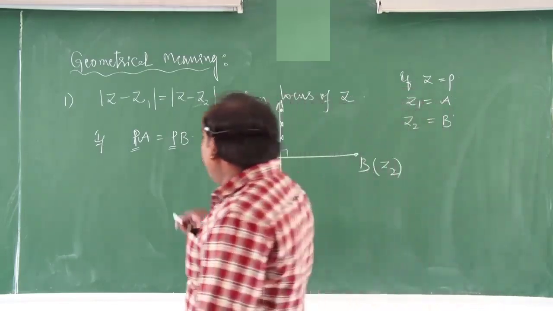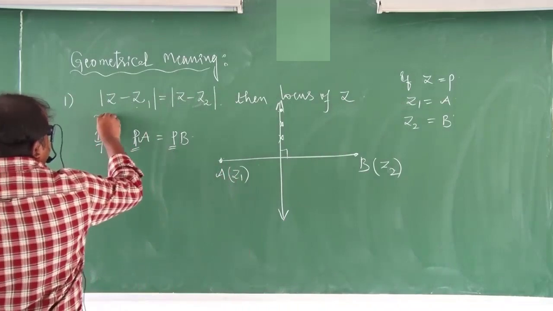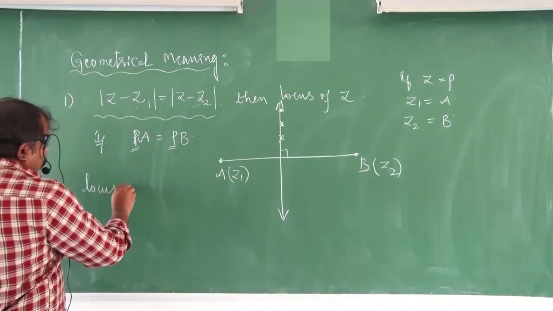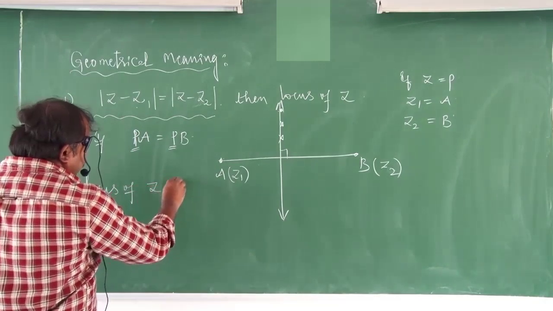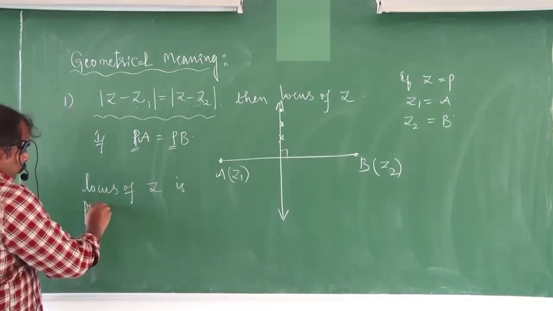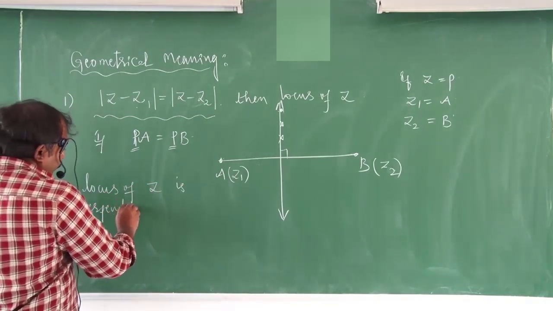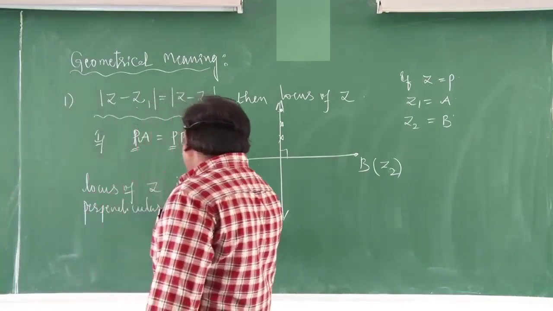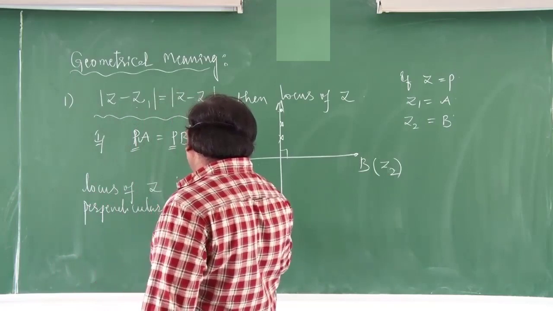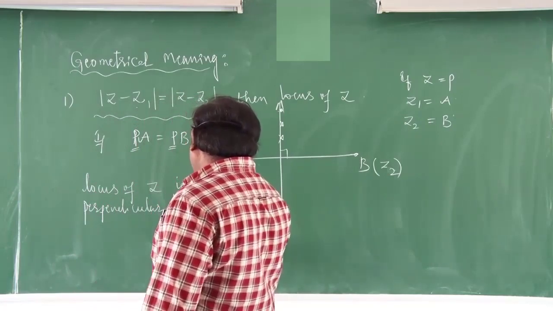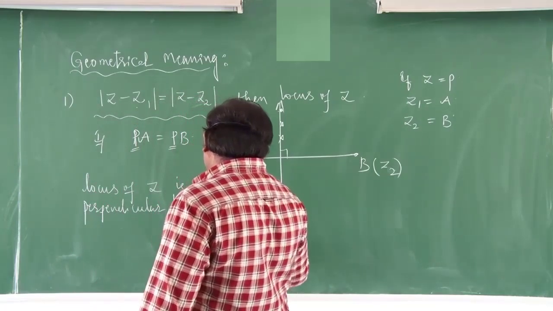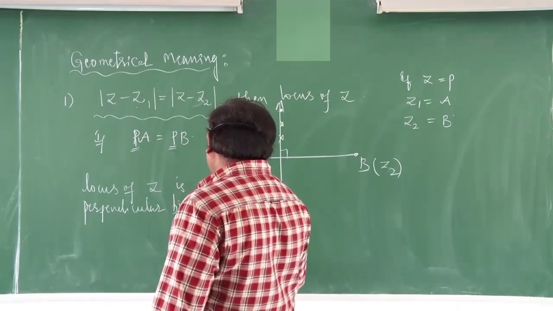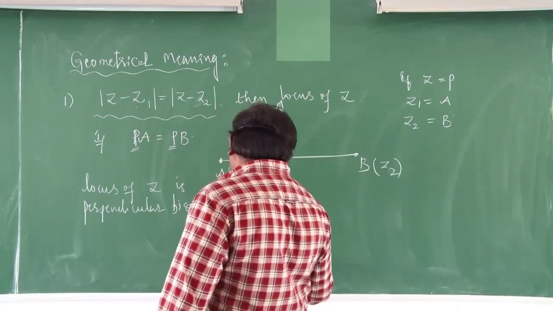So here, what is the locus of Z, ma'am? If they give this equation, then in this case the locus of Z is the perpendicular bisector of the line segment joining the points Z1, Z2.